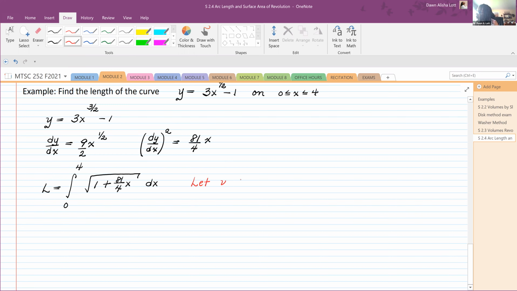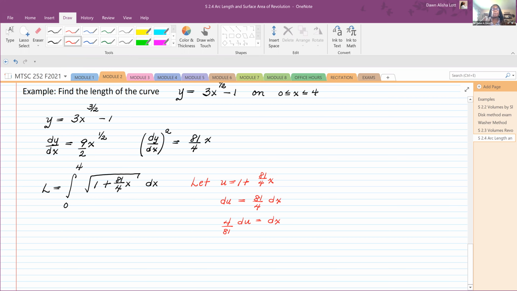Let u equal 1 plus 81 over 4 times x. So du is going to equal 81 over 4 dx. So 4 over 81 du is dx.